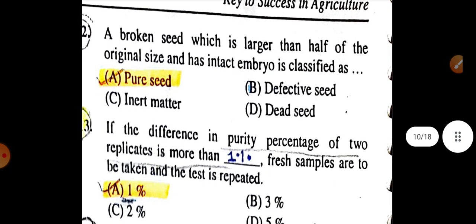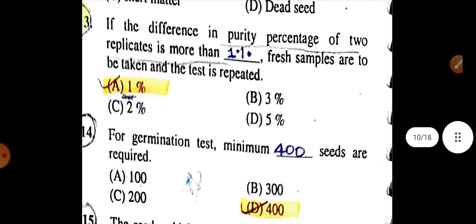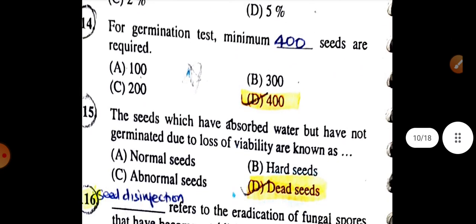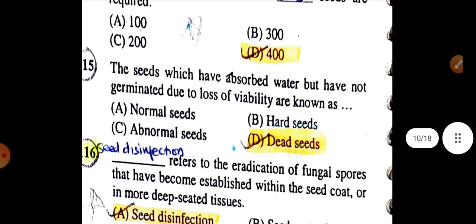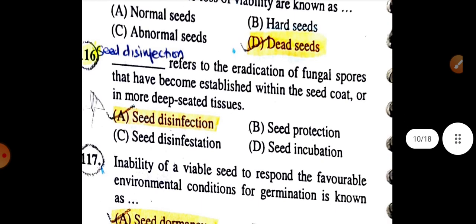A broken seed which is larger than half of the original seed with an intact embryo is classified as pure seed. If the difference in purity percentage of two replicates is more than 1%, a fresh sample is to be taken and the test is repeated. For a germination test, a minimum of 400 seeds is required. A seed which has absorbed water but has not germinated due to loss of viability is a dead seed.